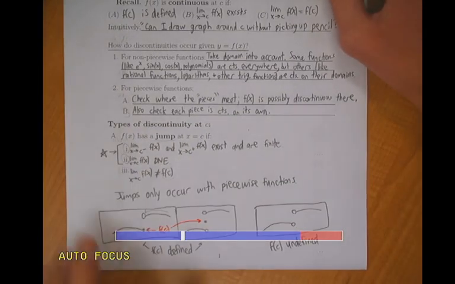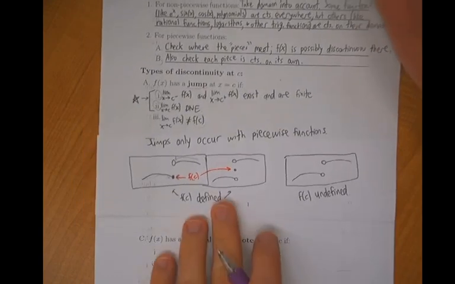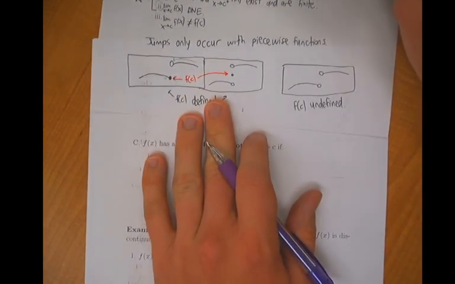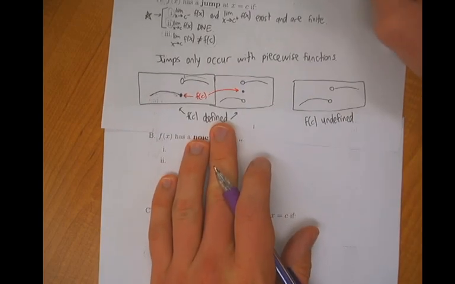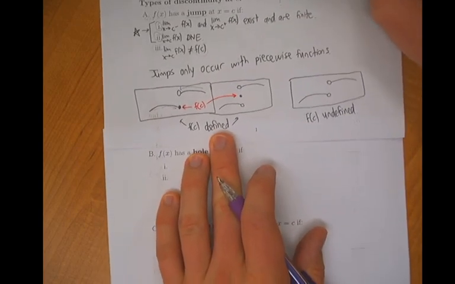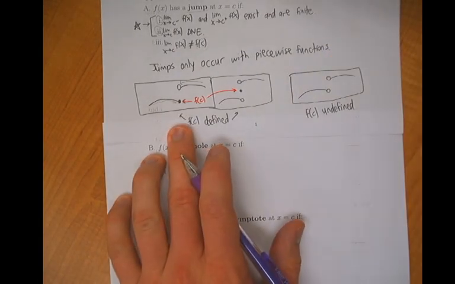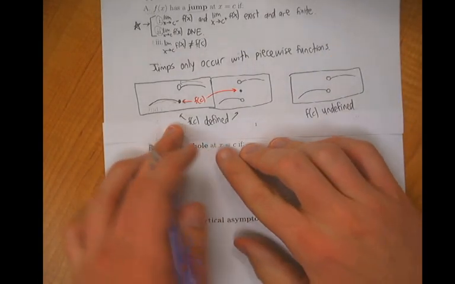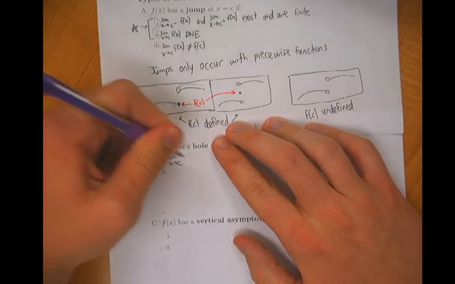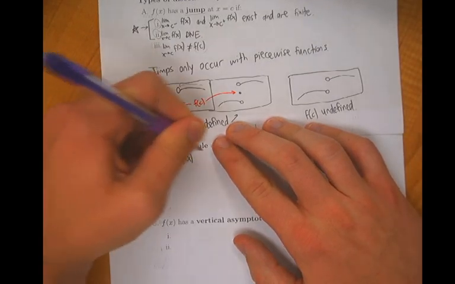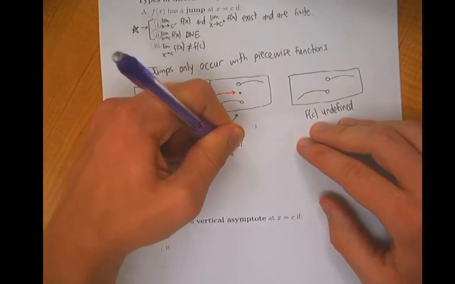Zoom out a tad bit. So the next type of discontinuity we're going to talk about is the idea of a hole, or removable discontinuity, to be more precise. So there's a hole at x equals c if the limit as x approaches c of f of x exists and is finite.